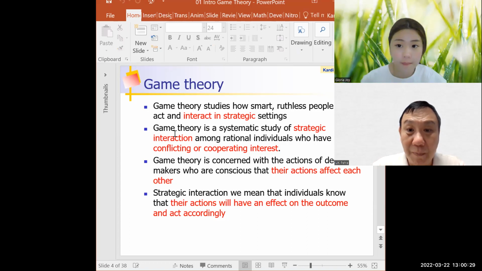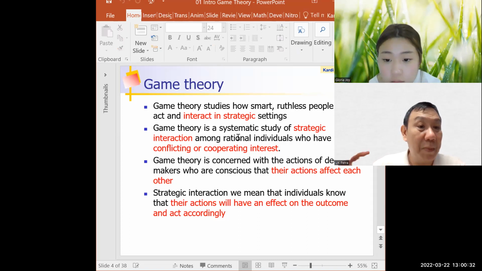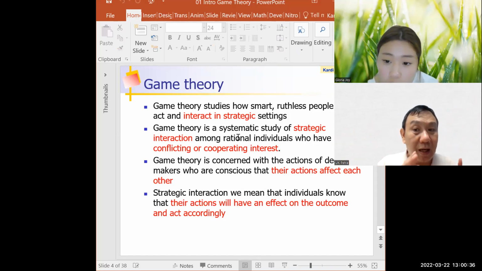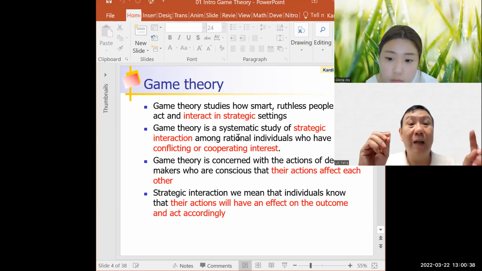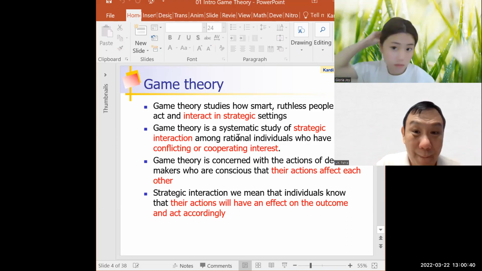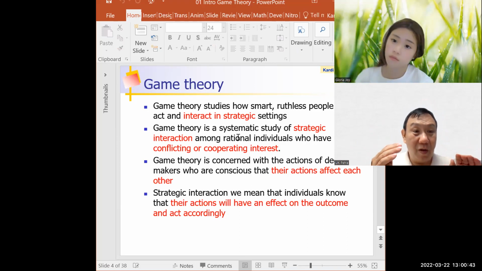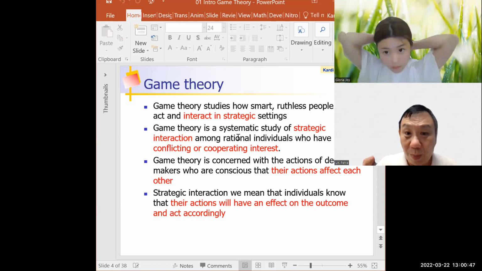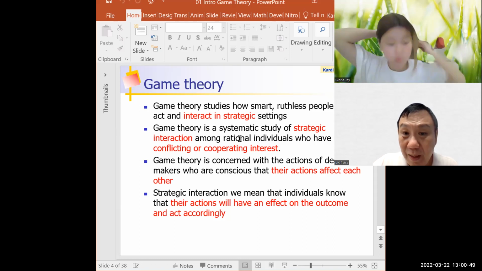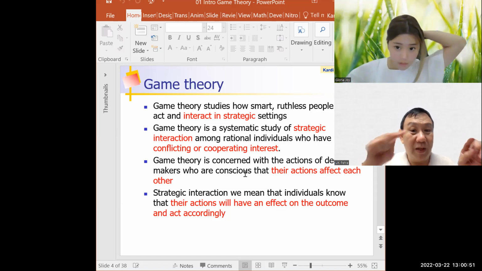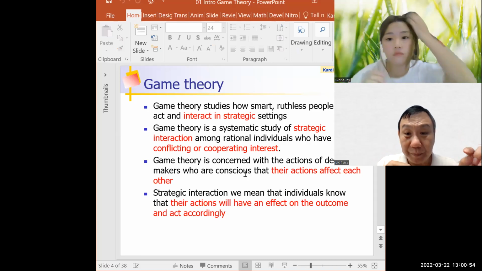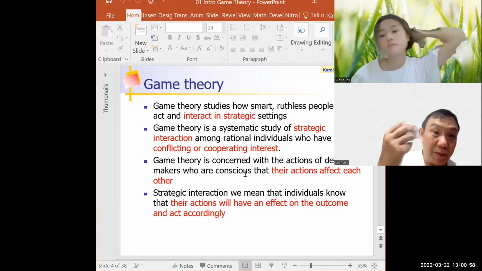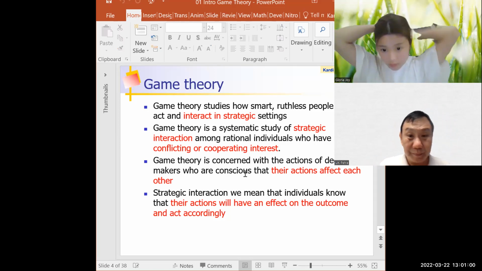In game theory, we do a systematic study of strategic interaction among rational individuals. So the assumption here is rational. They have conflicting or cooperating interests. Everyone has interests, right? Game theory is concerned with the actions of decision makers who are conscious that their actions will affect other people.